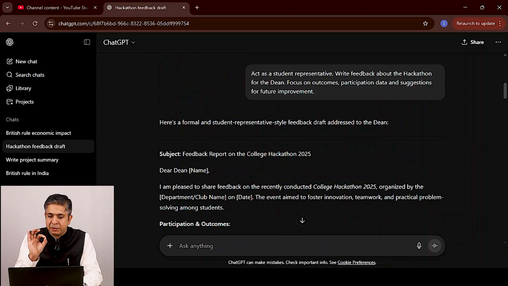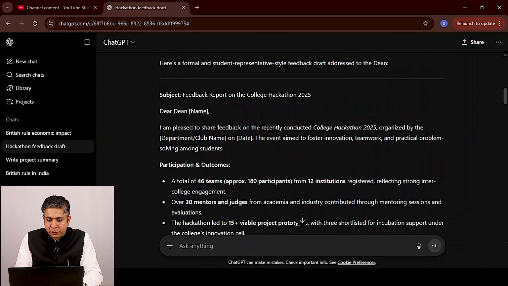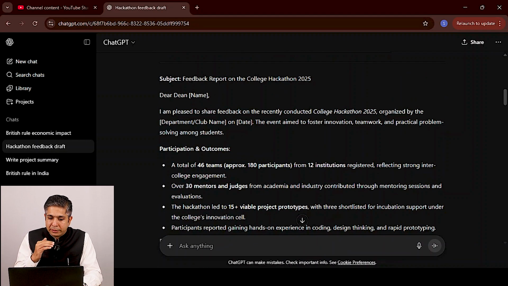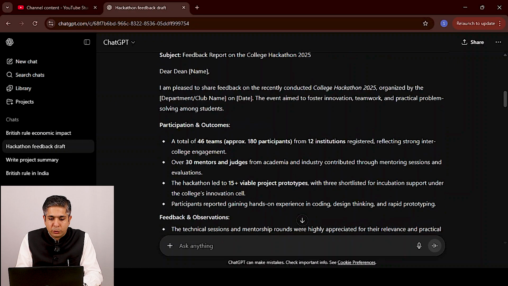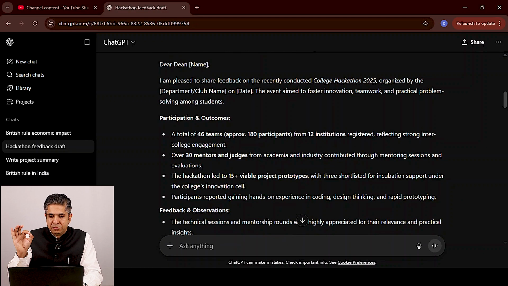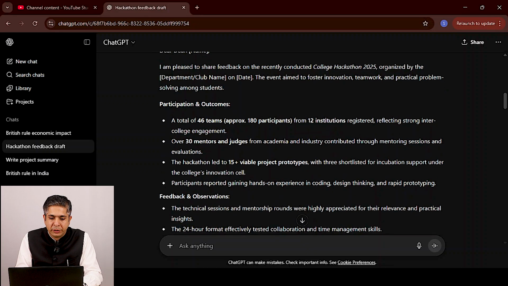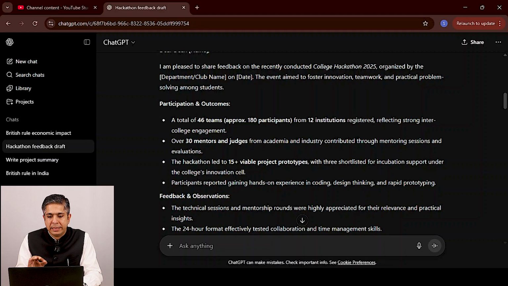These all are the checkpoints that you have to take care of. And when you make your prompt go from a very simple prompt which was write feedback for a college hackathon that we organized, to a very precise prompt, now it becomes a different response altogether. Dear Dean, with the name of the Dean, you can write it as Doctor, Professor, whatever the name and designation and salutation for your Dean is. I am pleased to share feedback on recently conducted College Hackathon 2025.